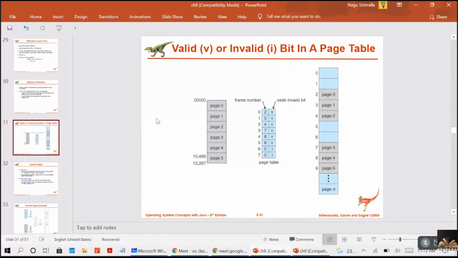If the CPU is asking for memory in page 5 with an offset, for an address between 10,468 and 12,287, let's consider something like 11,500, because it is in page 5, it will be treated as valid. But this exact memory location is an invalid memory location for that process. So that is the drawback.